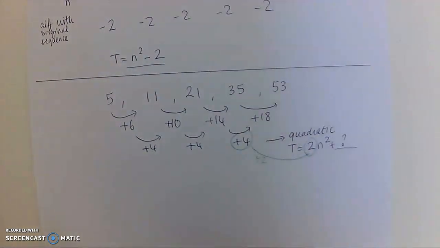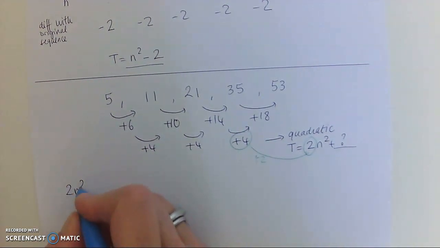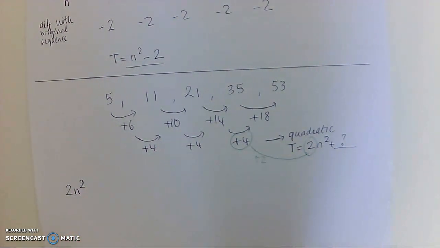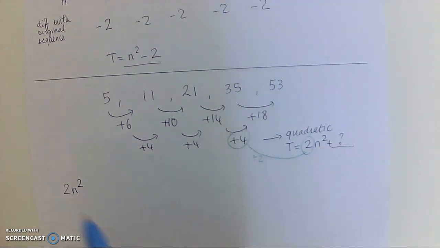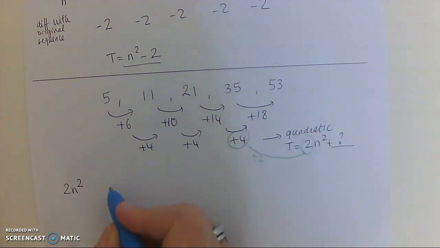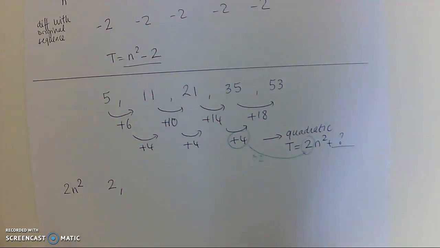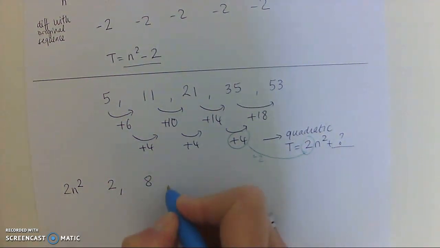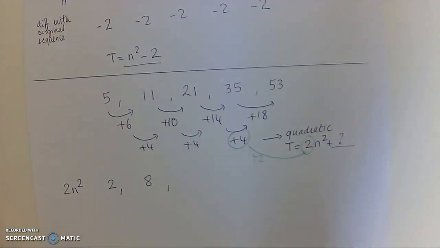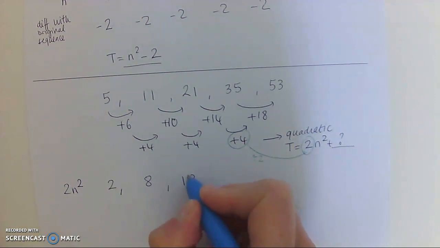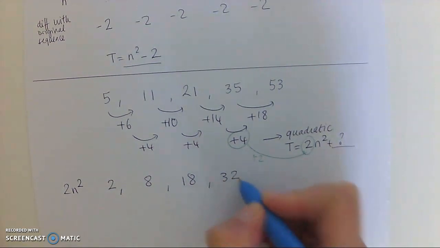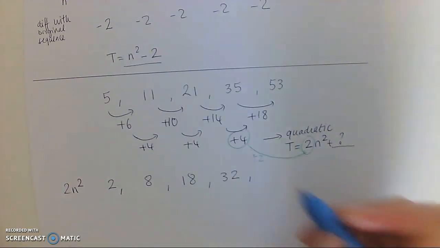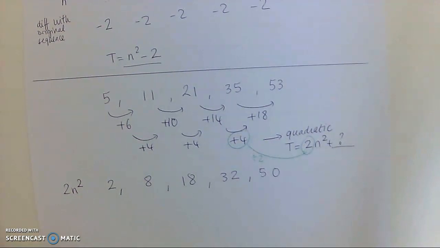So first we need to work out 2n squared. So 2n squared, we would have n squared being 1 times 2, 2, then n squared being 4 times 2, 8, then we have 9 times 2, 18, then we have 16 times 2, 32, and then 25 times 2, 50.